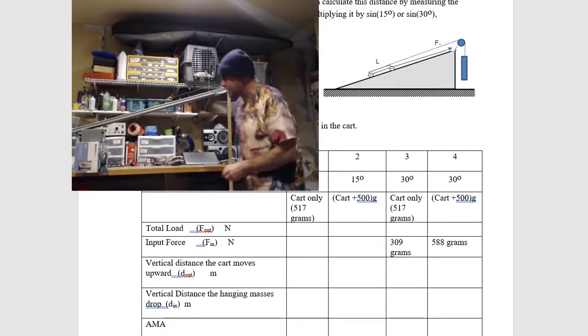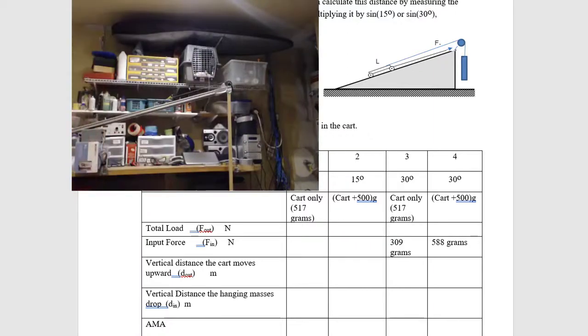All right, and I'm going to see where the cart is here. The cart started at this position here at a height of about 8 centimeters, and it moved up to a height of about 18 centimeters. So I'm going to say that the cart went up 10 centimeters.